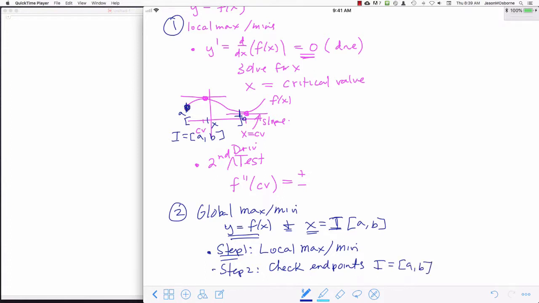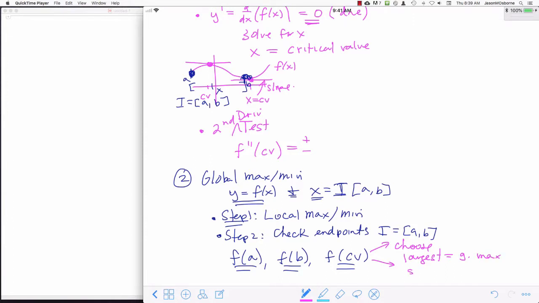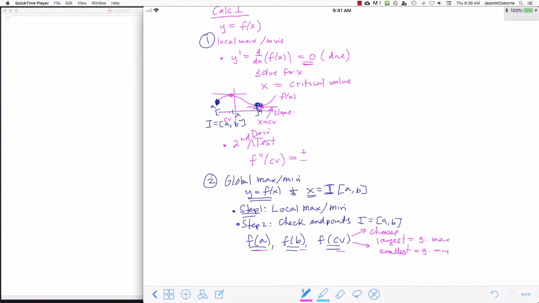So figure out what the function value is at the two endpoints, and then compare that, find the function at a, the function at b, and then maybe the function value at the critical values. And then you're going to choose the largest and the smallest. Choose the largest, which would be the global max, and then the smallest of these three values would be the global min. So that's the Calc 1 problem.